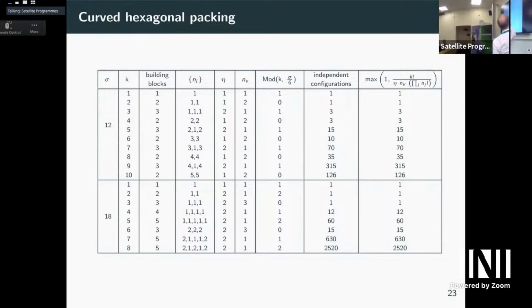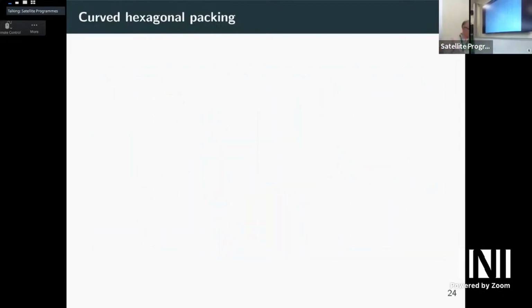The important part is how many configurations were built with the deterministic algorithm, and how many configurations come out of our formula. They have to match, of course, if it works. So in this case, for the octadecagon, for example, for a shell, there are 2,520. But I remember that there are cases where we have calculated more than 20,000, because it's very fast once you have the right way to do it.